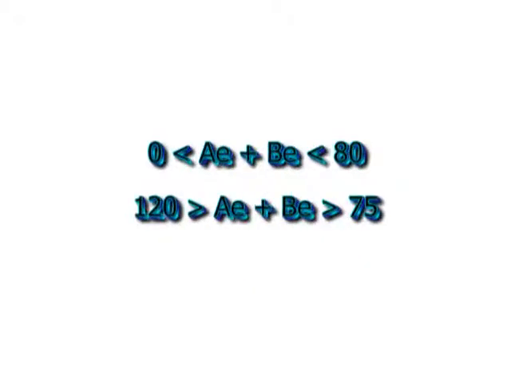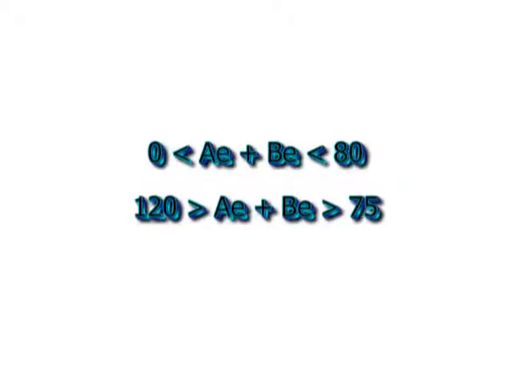Simplifying the second inequality would give us the following formula: 0 is less than or equal to AE plus BE is less than or equal to 80, and 0 is less than or equal to 120 minus AE minus BE is less than or equal to 45.